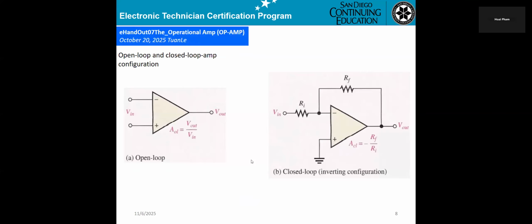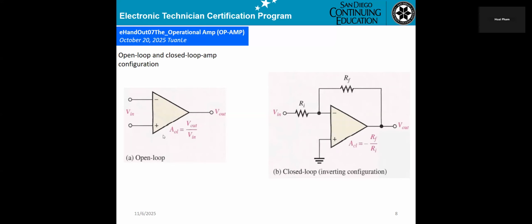Okay, now open loop and closed loop gain. On this one here, you get input V in negative, V in positive, and no connection.